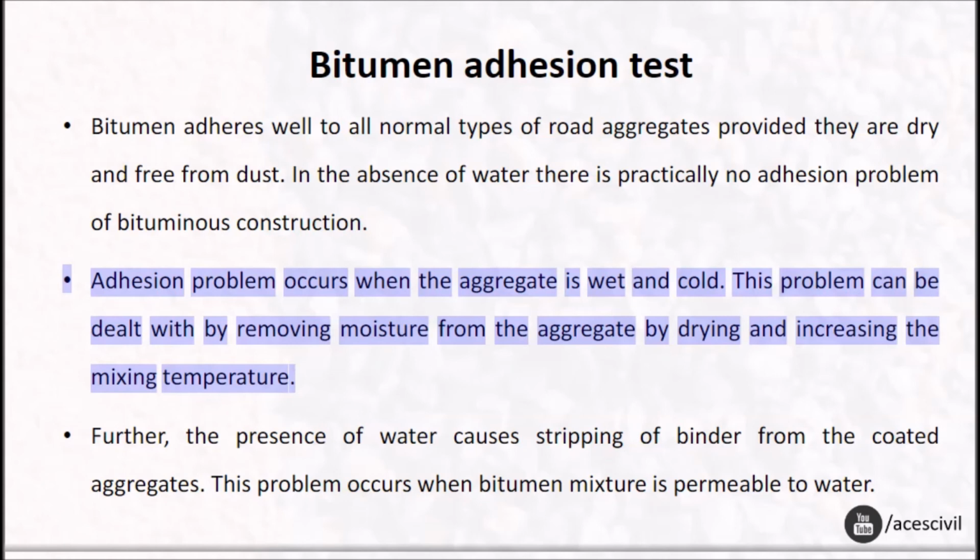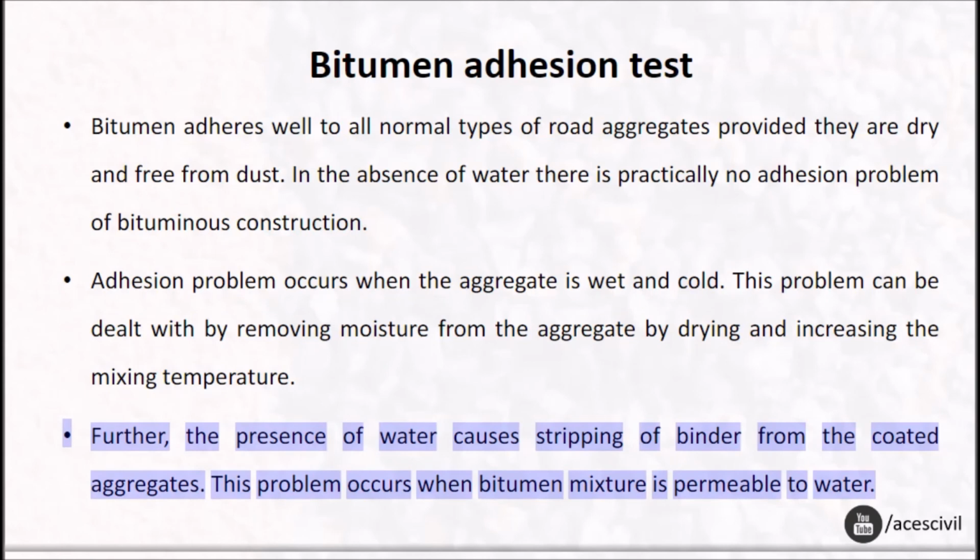This problem can be dealt with by removing moisture from the aggregate by drying and increasing the mixing temperature. Further, the presence of water causes stripping of binder from the coated aggregates. This problem occurs when bitumen mixture is permeable to water.